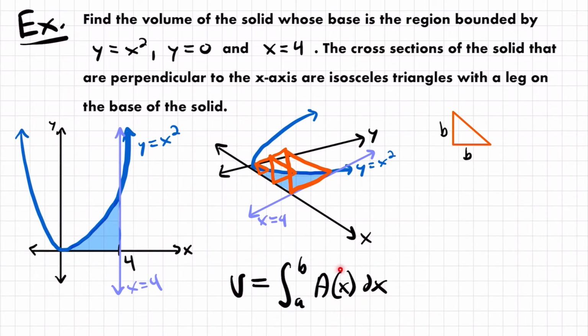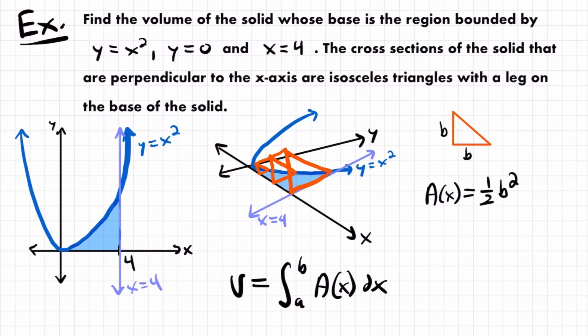And so what we need to do here is determine the area of our cross-sections of our solid. And so in this case, since our cross-sections are isosceles triangles, the cross-sectional area in terms of x will be equal to the area of an isosceles triangle. And so A of x will be equal to 1/2 times b squared, right? That is going to be the area of this isosceles triangle.